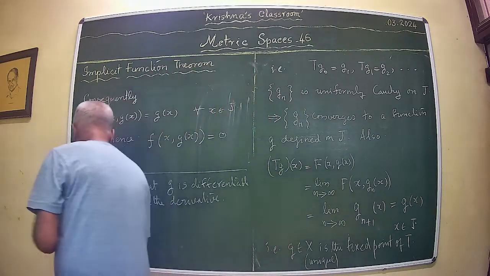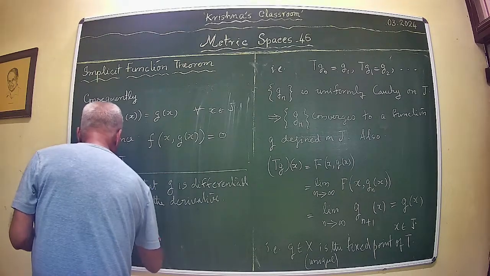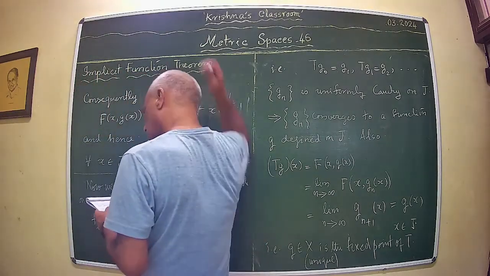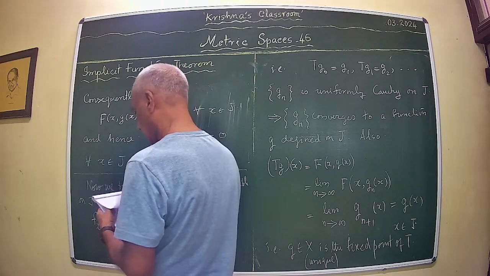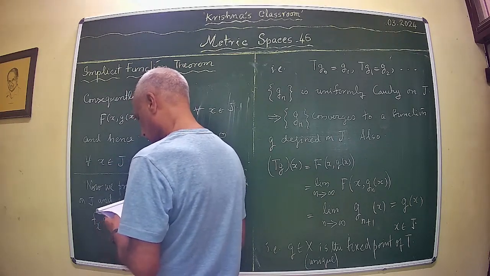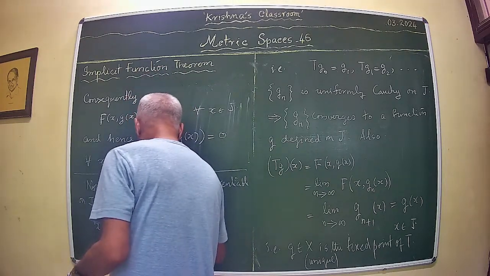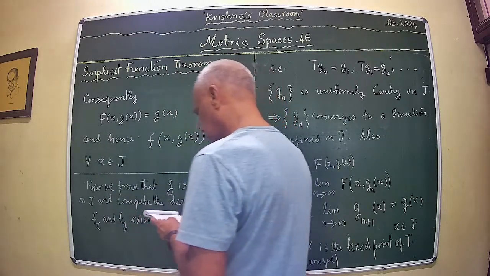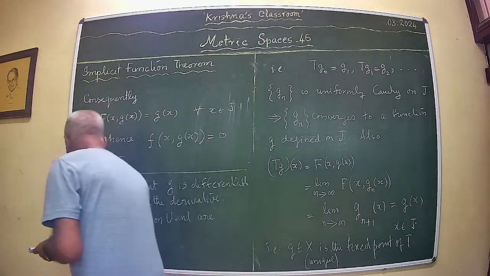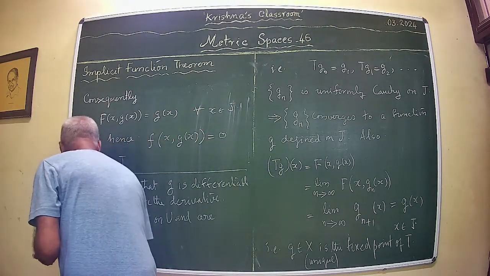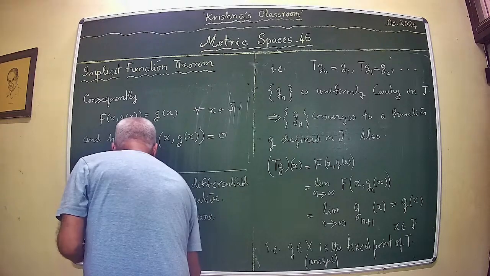Now fx and fy exist on U and are continuous.